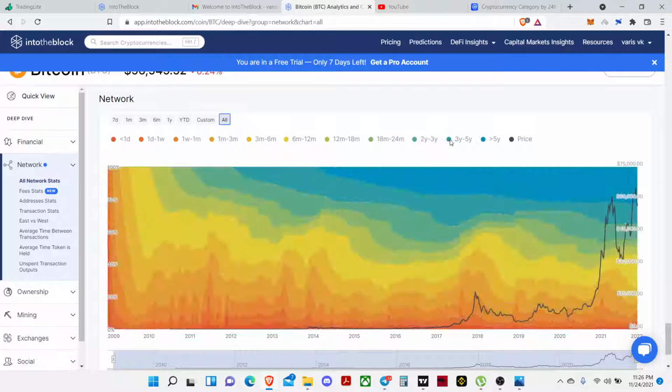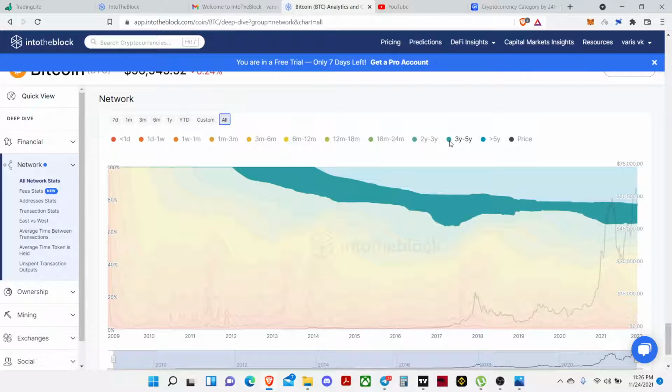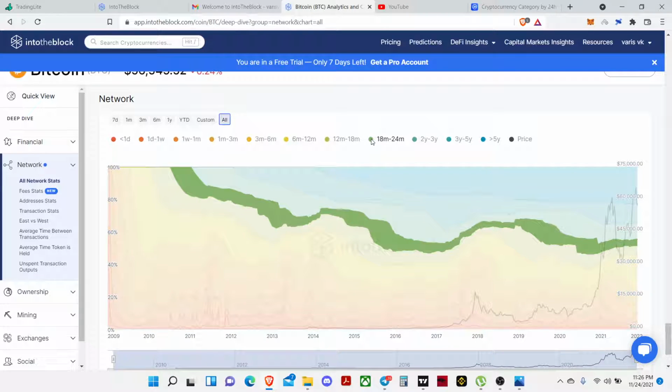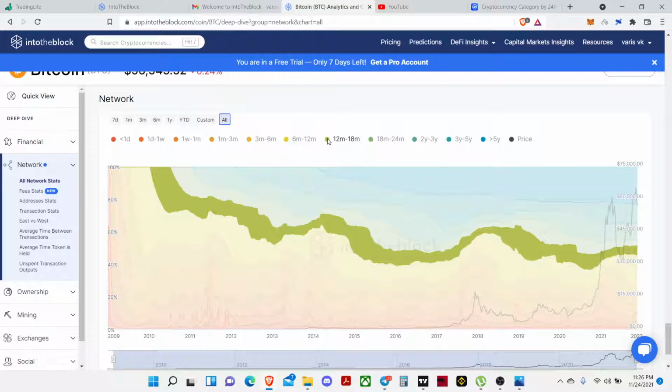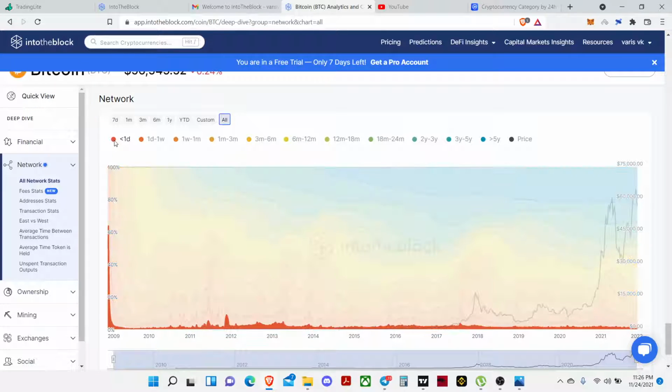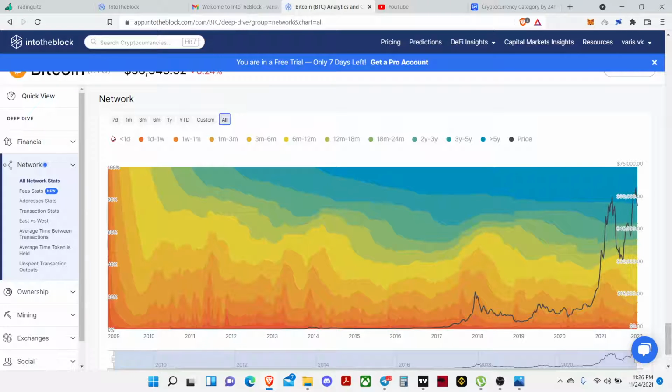worth of Bitcoin. This is the 3 to 5 years Bitcoin holding addresses, and this is like 18 months, then 12 months to 18 months and 6 months. What is very few is this one, the addresses younger than 1 day. You can see the recent accumulations by looking at these arrows.